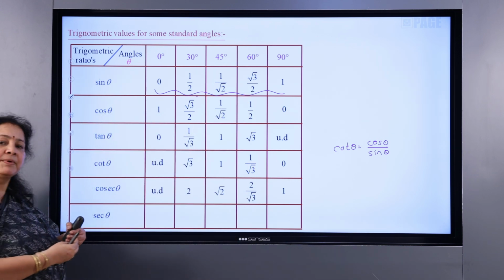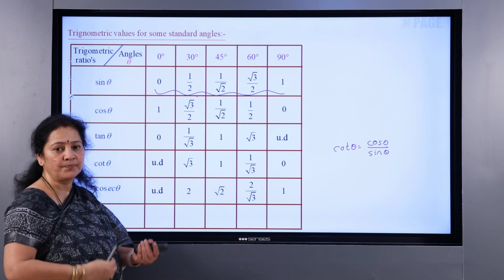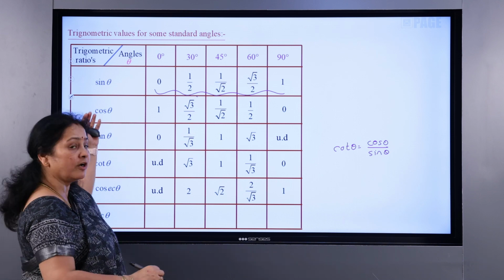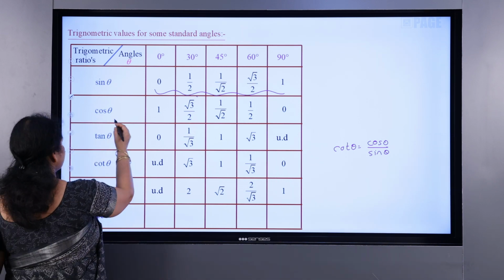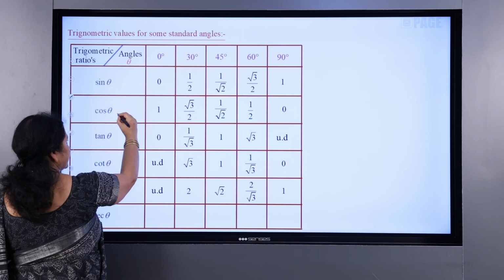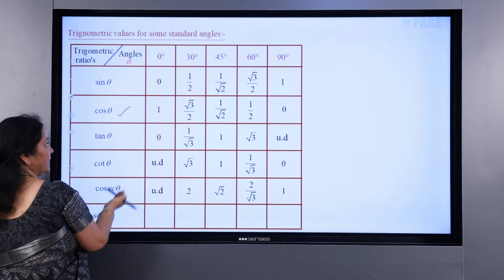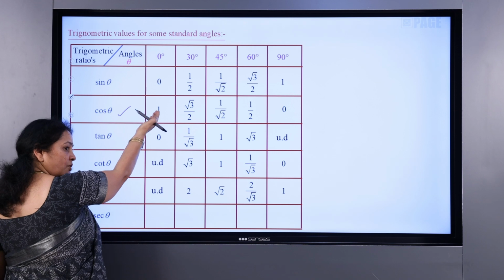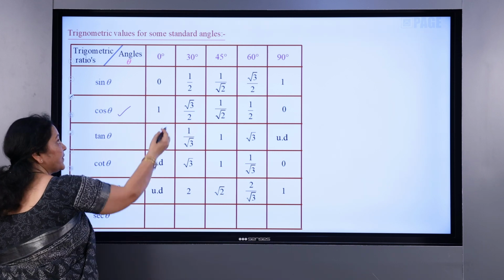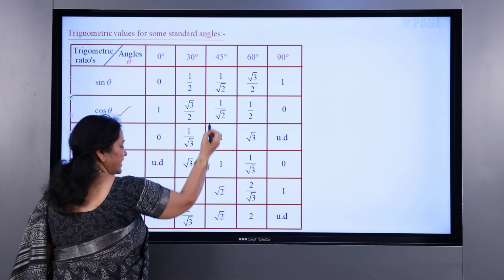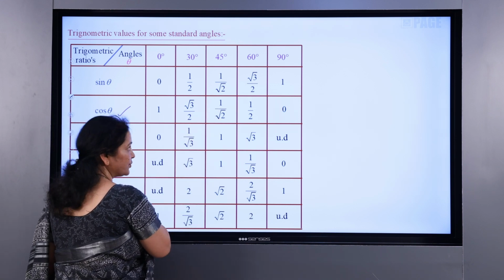The same we are going to apply for secant theta also. Now we know that secant theta is going to be the reciprocal of cos theta. So just reciprocate the values of cos theta. So secant 0 degrees would be 1 upon cos 0, that is nothing but 1. And secant 30, reciprocal of this, that is 2 by root 3. Secant 45, reciprocal of this, that is root 2.